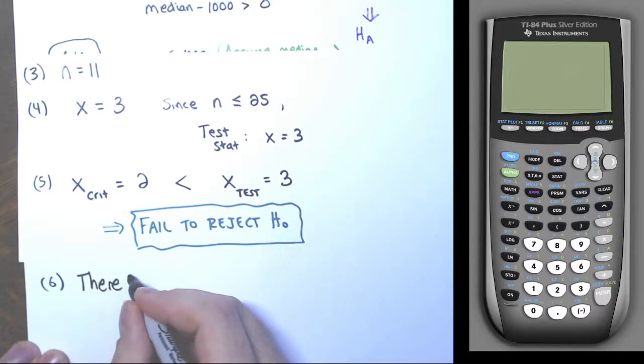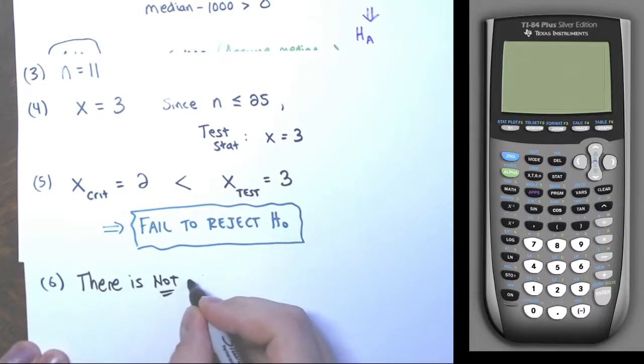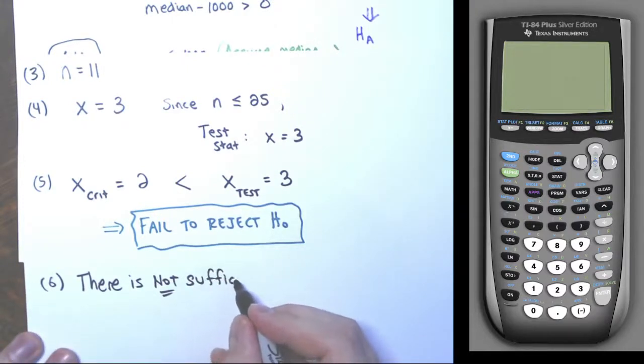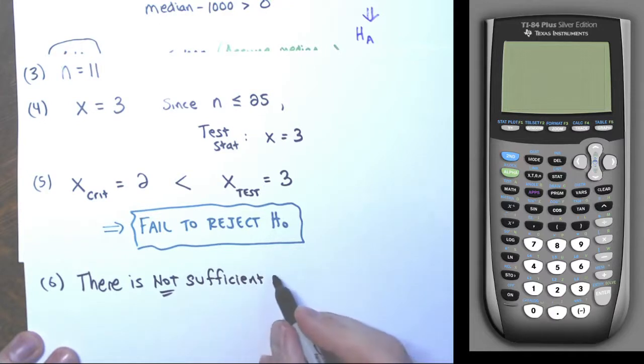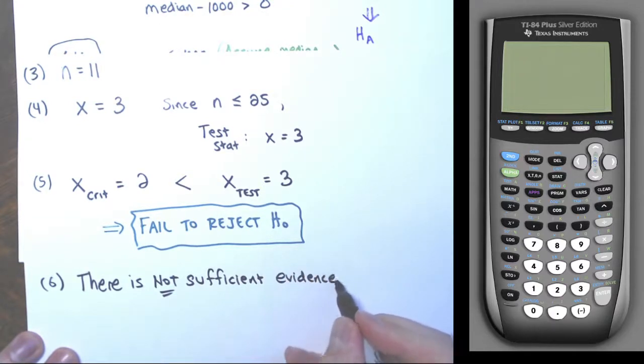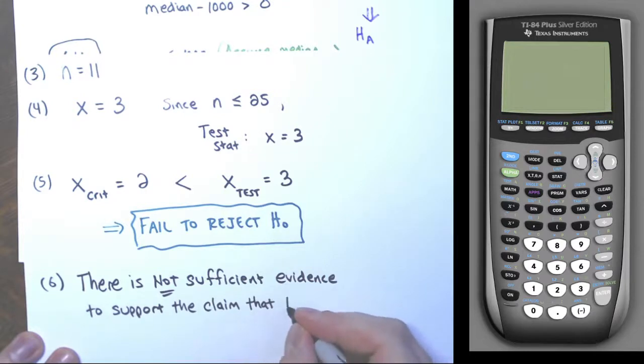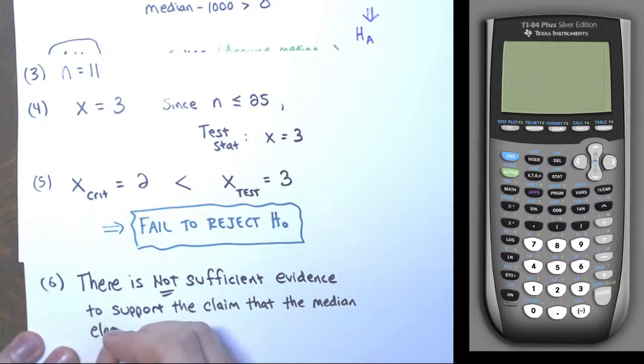So there is not sufficient evidence, or not enough evidence, or insufficient evidence, however you want to word it, as long as it's equivalent. There is not sufficient evidence to support the claim that the median electrical usage is more than 1,000 kilowatt hours.